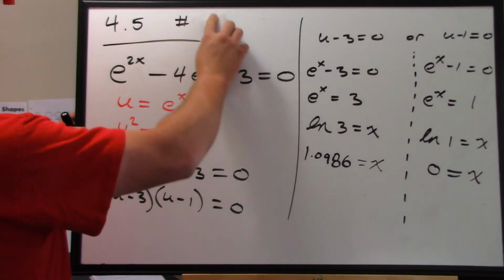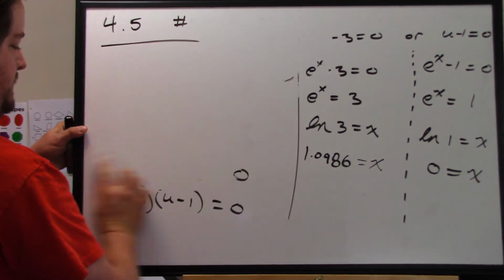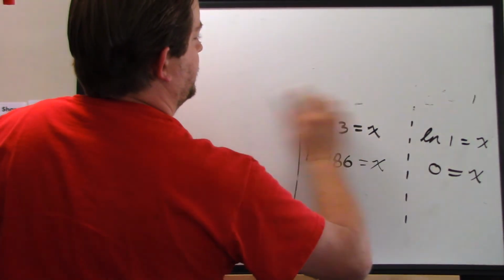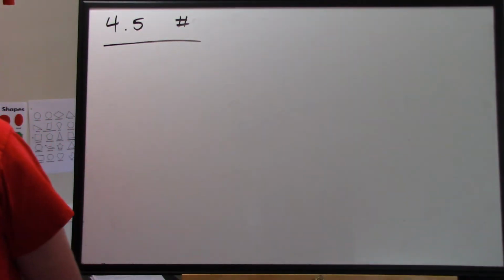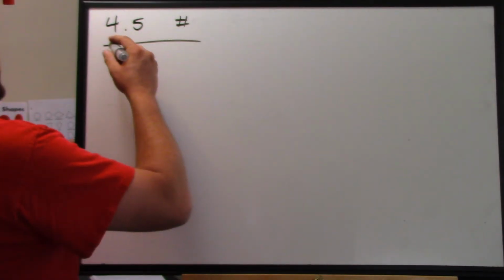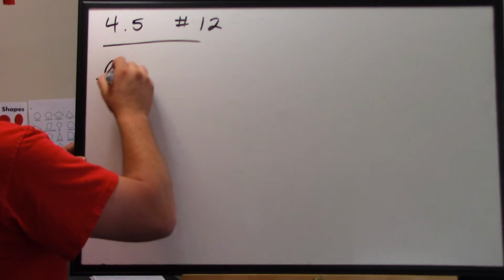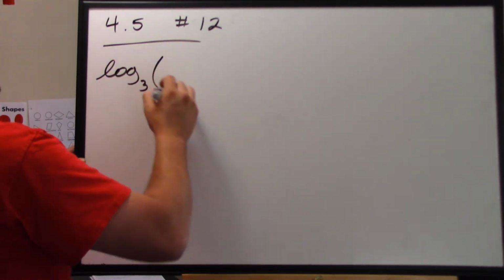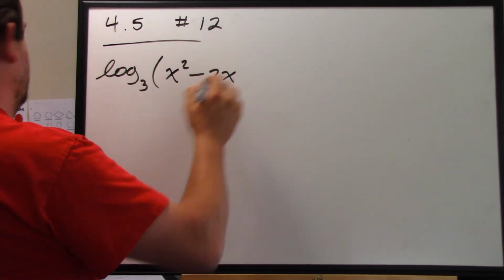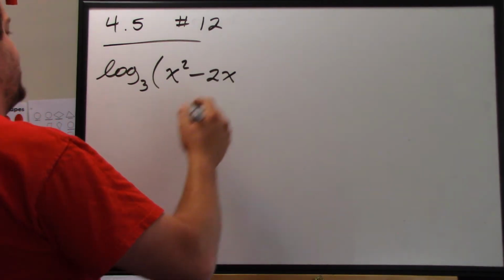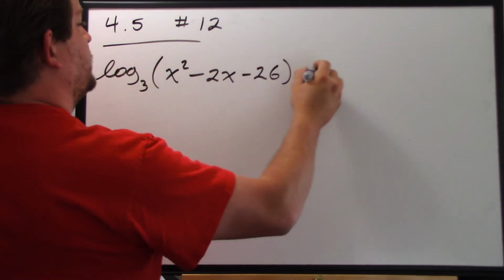And then let's take another look at, let's look at number 12. Okay, 12 says the log base 3 of x squared minus 2x minus 26 equals 2.